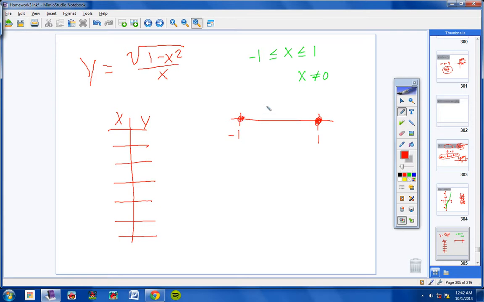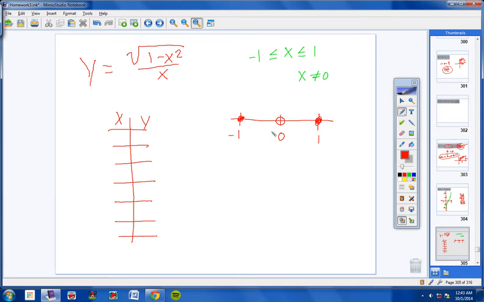Okay, but x cannot equal 0, so I'm going to put 0 here. I'm going to put an open point. And so here's what I can put in for x. I can put negative 1 in for x, or any number between negative 1 and 0. And I can also put 1 in for x, and any number between 0 and 1.